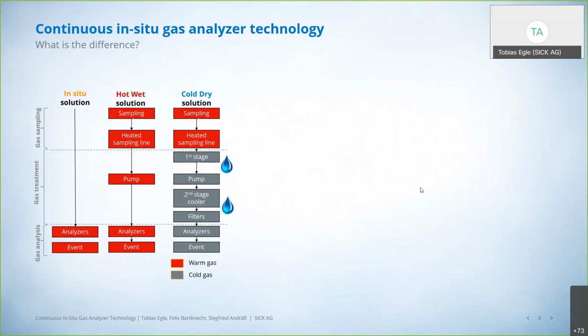Before we go more into the in-situ gas analyzers itself, we will have a quick view of the different kinds of technology, as Felix mentioned already. As SICK is one of the only providers of all three major gas measuring technologies, we will have a quick look at them.